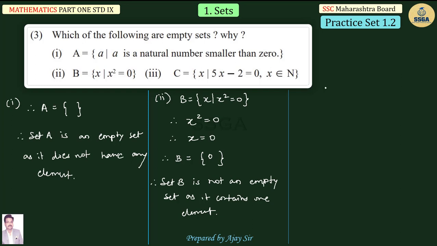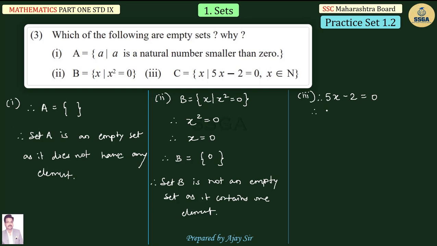Now let us start the third one. The third set is the set of all x such that 5x minus 2 equals 0. So again here an equation is given. Let us solve this equation. 5x minus 2 is equal to 0.